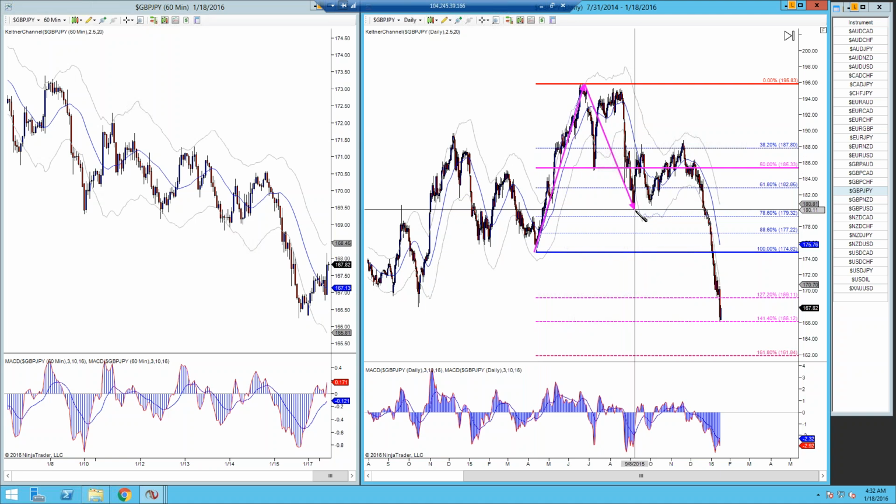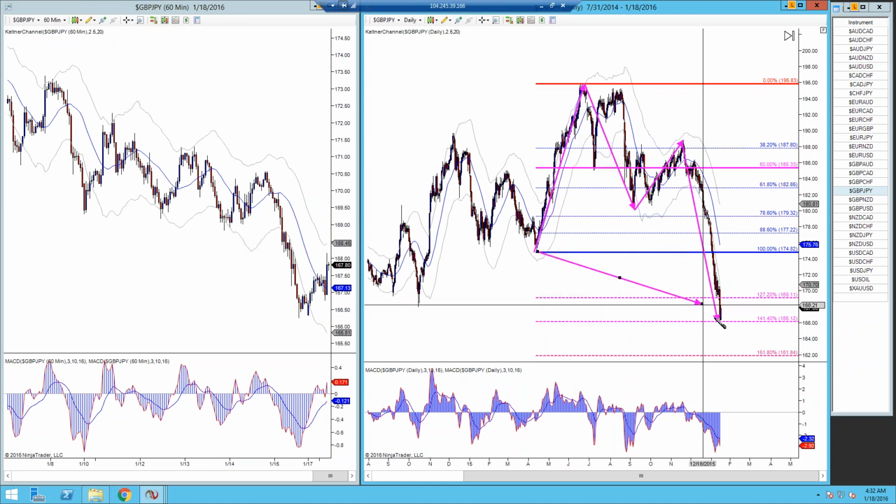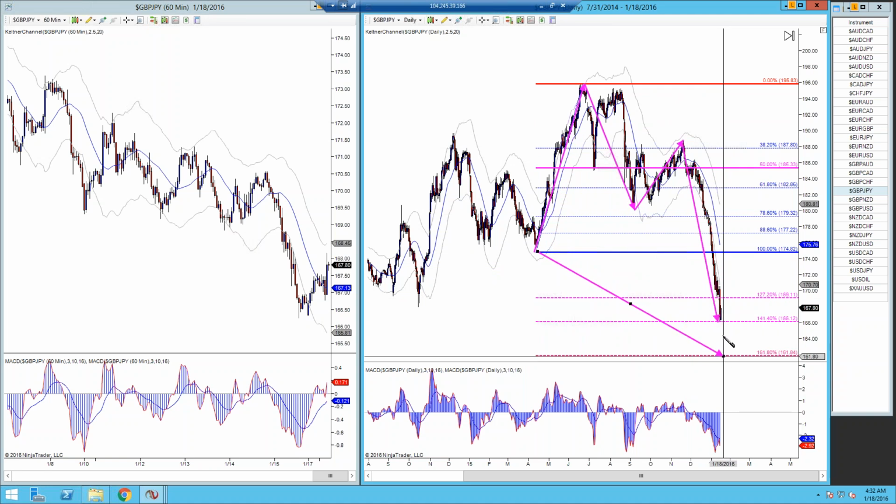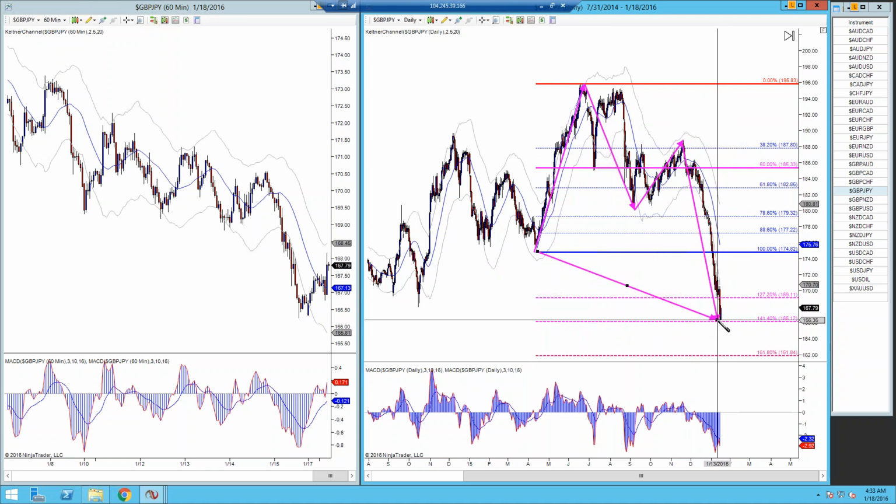That retraced back up between a 38 and 88% of this swing down, and then this last swing down, from here down to here, should be a 1272 to 1618. It came right at the 141 extension. All right, 141 extension, which is fine.